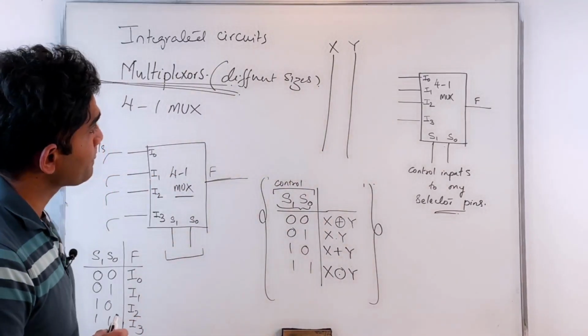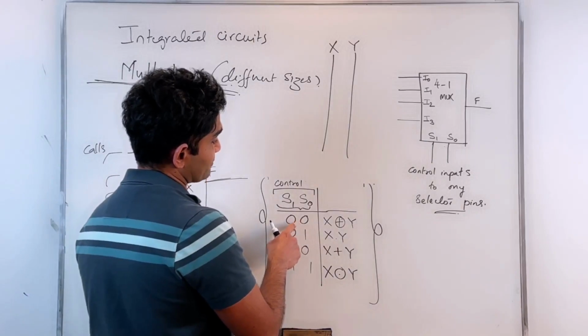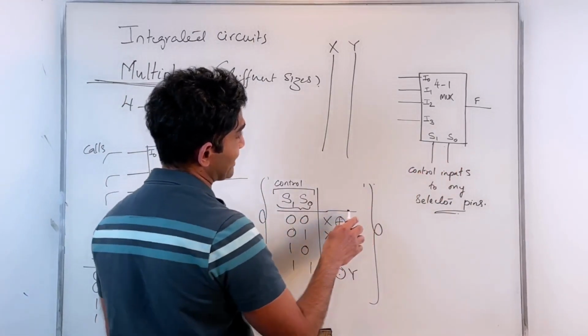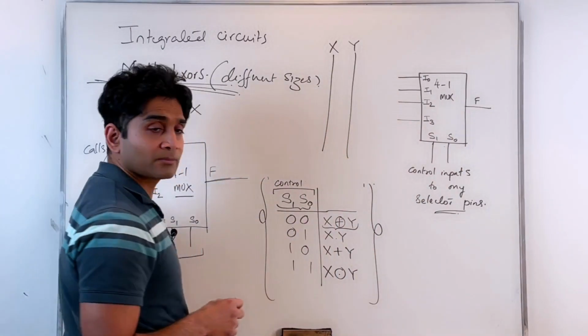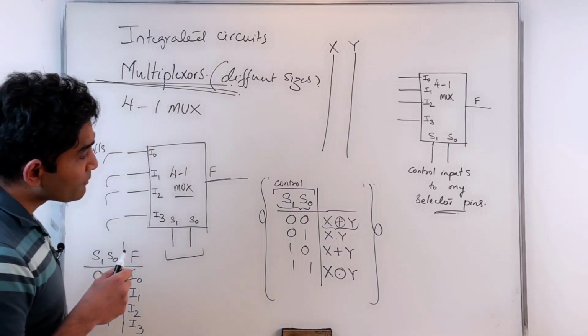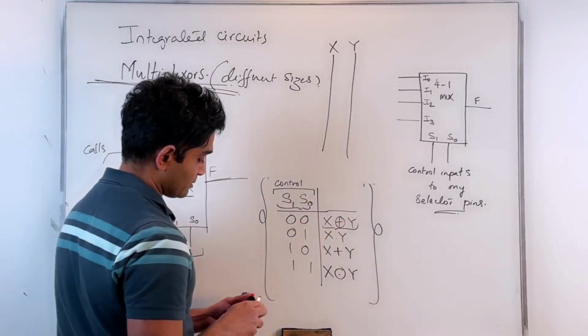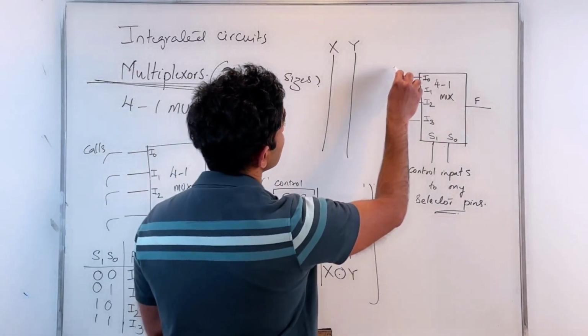So that means when I apply 0, 0, I should be getting as an output this operation, X exclusive OR Y. So if I want to do that, I would use an XOR gate here.